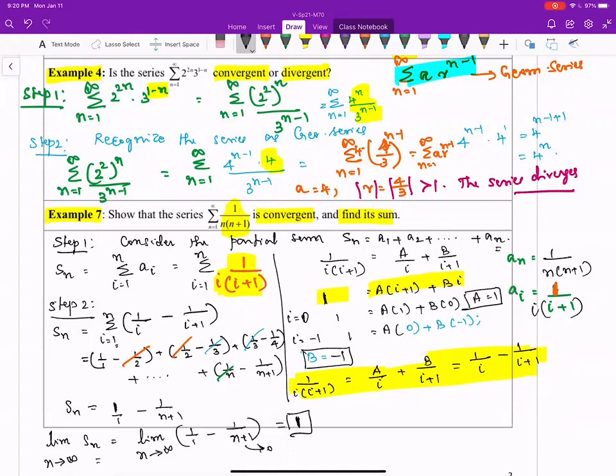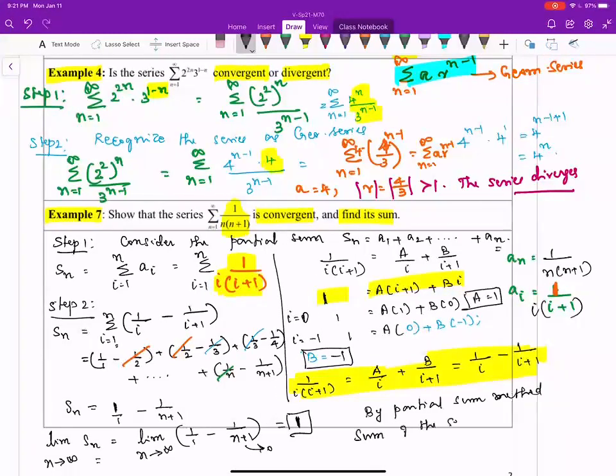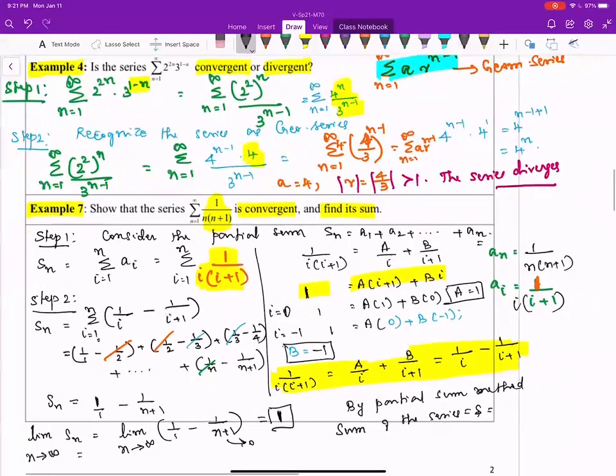So by the partial sum method, we know that the sum of the given series is S, which is sigma n varying from 1 to infinity of 1 over n times n plus 1, the given series.